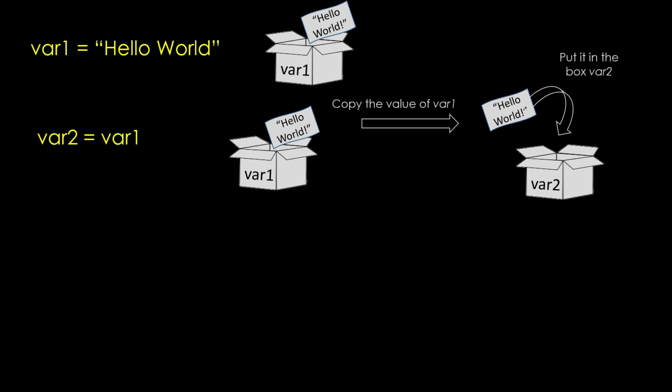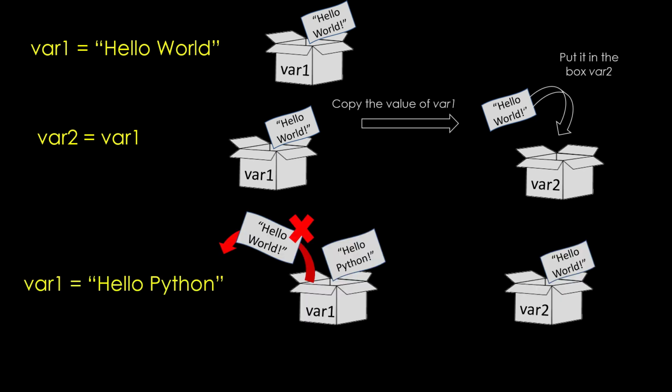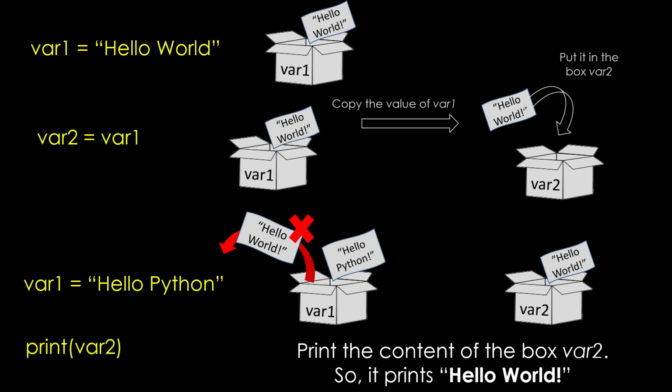So, we put another text hello world in the var2 box. var1 = hello Python. This means we are reusing the var1 box and storing hello Python. This also means the older text hello world in the box var1 would be thrown away while the new value gets stored. Print the content of the box var2. So it prints hello world.